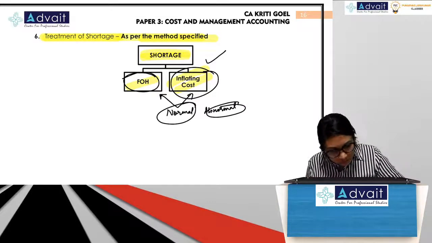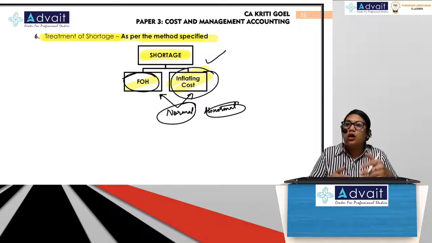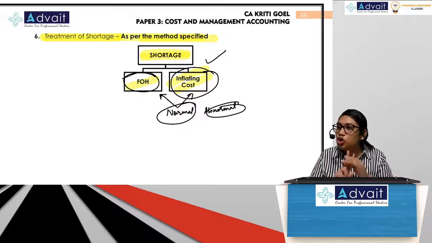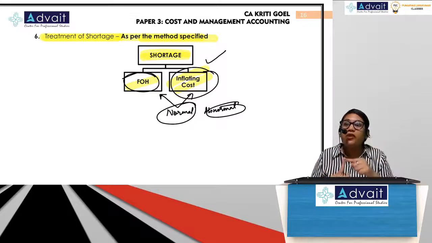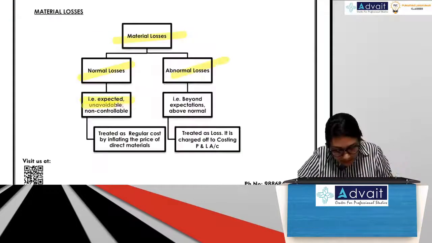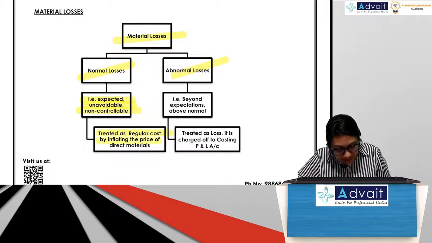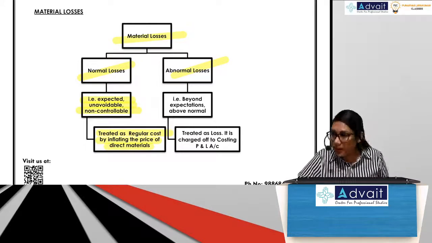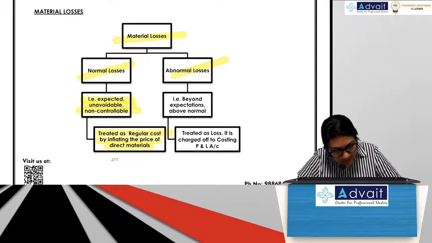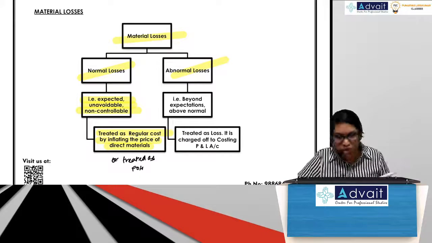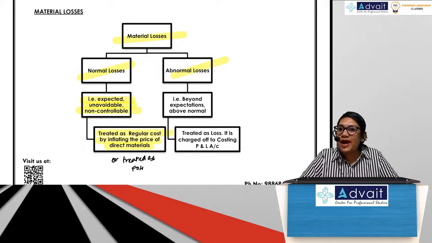Now that we have finished the stores ledger part of it, we have two important problems to look at. One is where we will be drawing up the stores ledger under expected, unavoidable, non-controllable loss. So it is either treated as regular cost by inflating the price of direct materials, or treated as FOH.